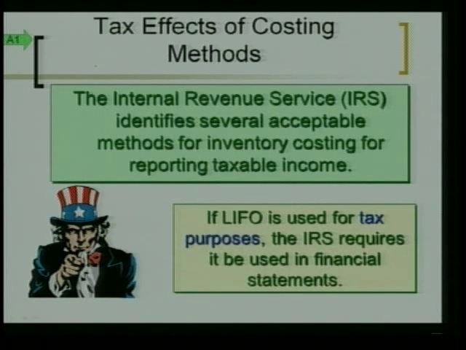But you can choose one method to keep track of your books and for your financial statements and a different method for your taxes. You can do that if you want. Most companies don't, but you can if you want to. The only thing that they say is if you use LIFO for tax purposes, then you also have to use it for your financial statements. Okay?